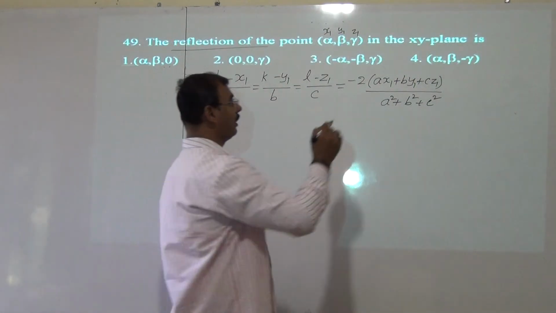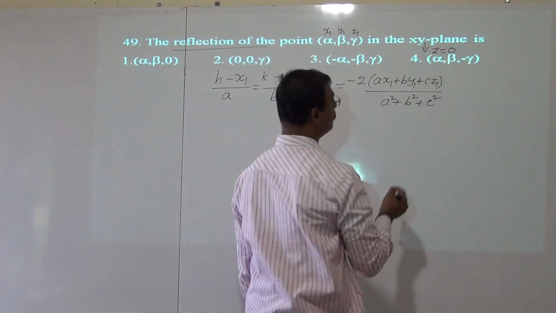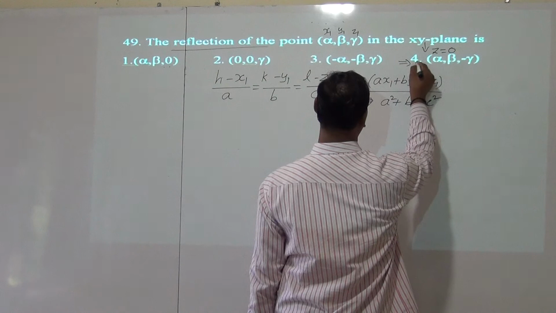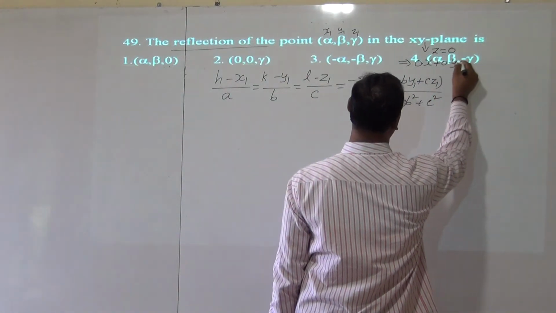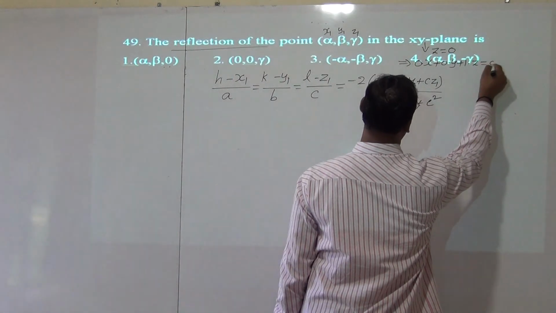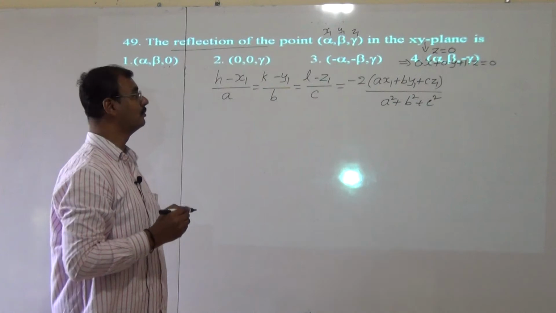Now, what is the meaning of the xy plane? Z is equal to 0. This means how to write the plane equation form? 0 into x plus 0 into y plus 1 into z equals 0. This is called the equation of the plane.